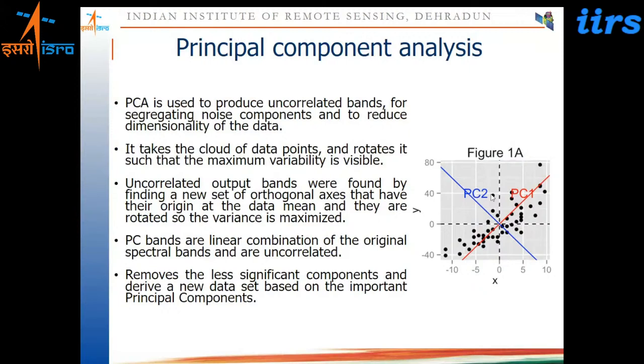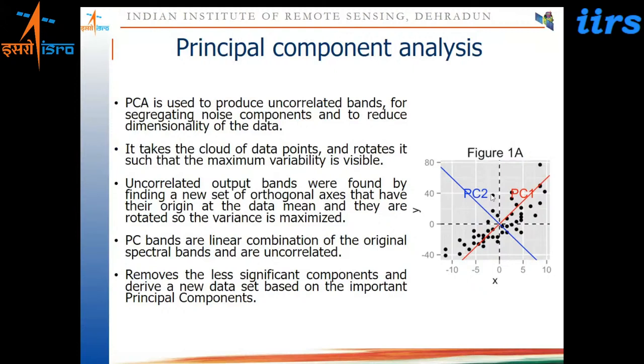When we have the principal components available, we have to subset them, taking the initial bands of the principal component results, like PC1, 2, 3. Those will have the maximum variance or maximum information.